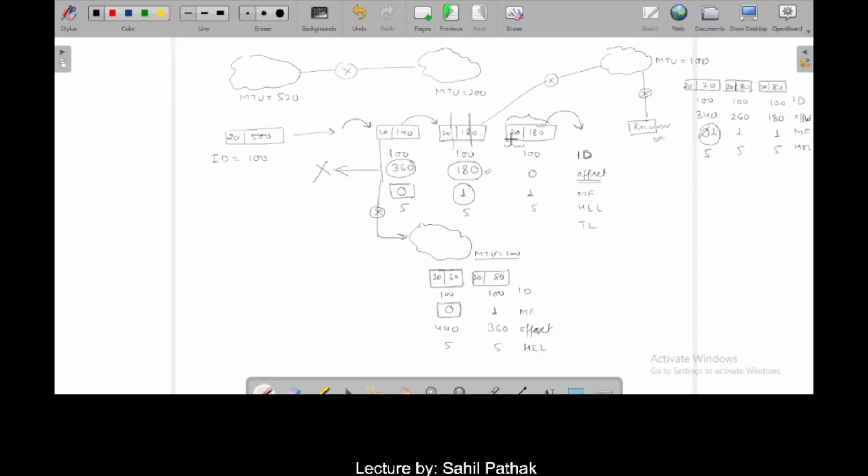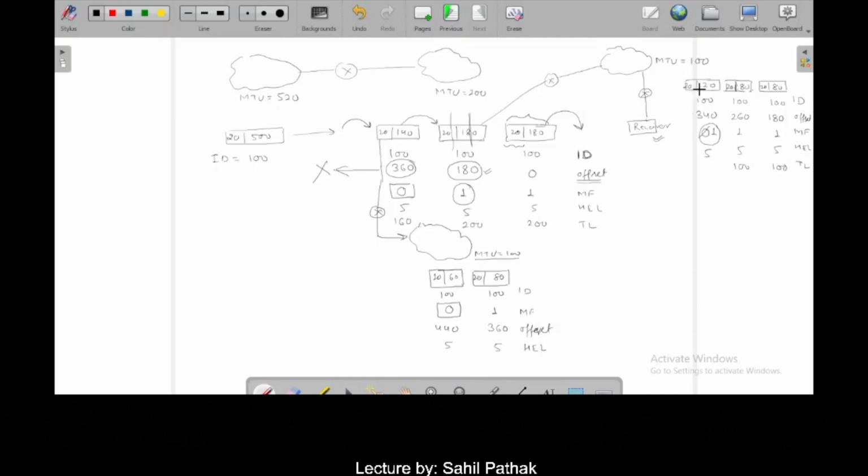Here you can see the total size or total length would be 180 plus 20, and that is 200. Here also the total length would be 200. Here you can see the total length would be 160, and here the total length would be 80 plus 20, that is 100. Here also 80 plus 20, that is 100.